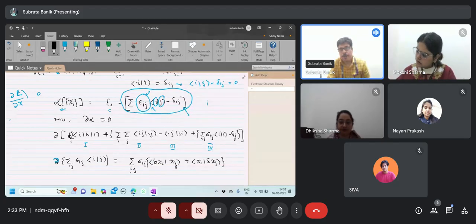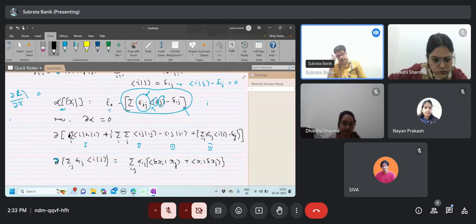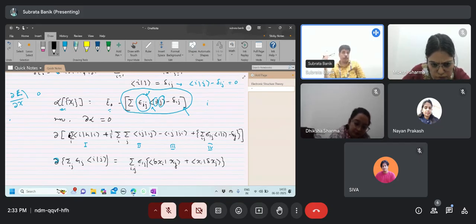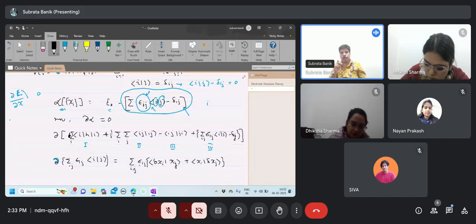We have also seen that since we are summing over all i and j, one term is the conjugate of the other. The first is, let's say, a complex number x plus iy, the second will be x minus iy. Bra and ket are conjugate to each other. If you change the dummy variables of the last term, making chi i as chi j and chi j as chi i, the last term becomes the complex conjugate, bra becomes ket, ket becomes bra, and you get the first term.